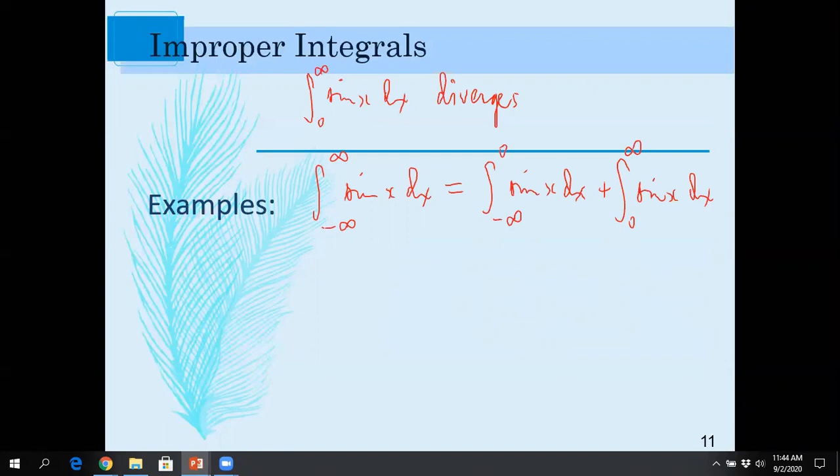If there's one part of the integral that diverges, everything diverges. So this one diverges, we've already seen that. Therefore, the integral diverges.